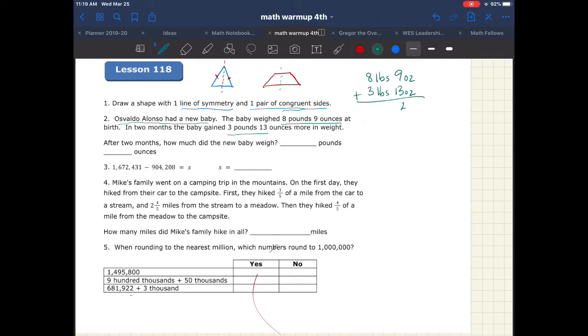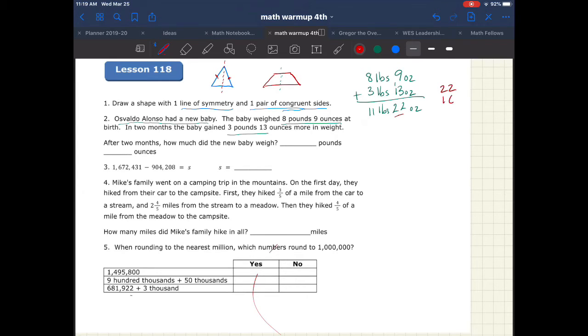Let's see, 9 and 3 is 12. 22 ounces. 8 and 3 is 11. So 11 pounds, 22 ounces. The thing about the 22 ounces here is that there's only 16 ounces in a pound. So we should change this 22 ounces into pounds and some leftover ounces.